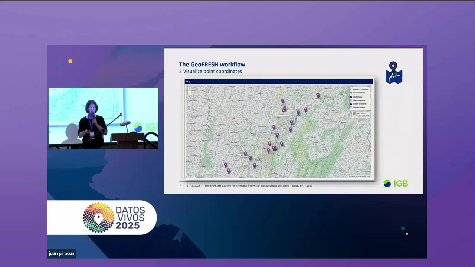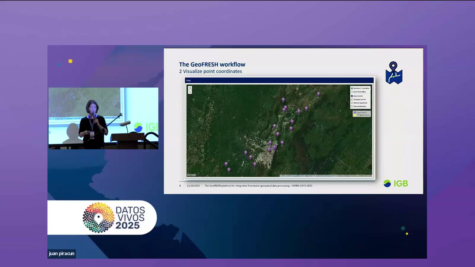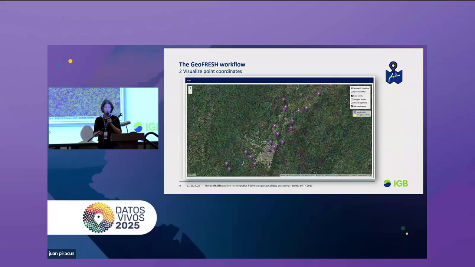And also then I can next visualize the point coordinates, check them in this little map interface. I have also different background layers that I can choose, zoom in a bit, and also overlay these small subcatchments and also the stream segments so I can check my data.